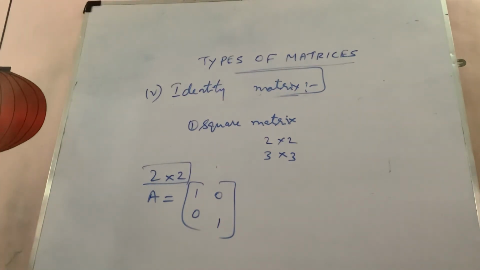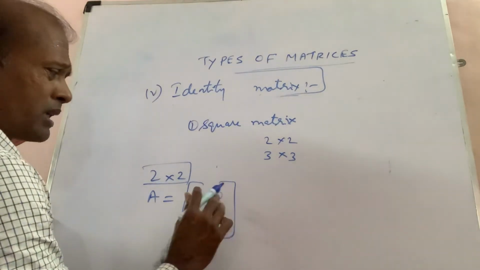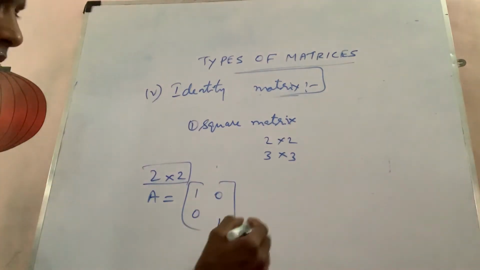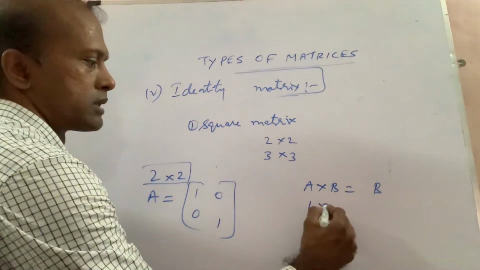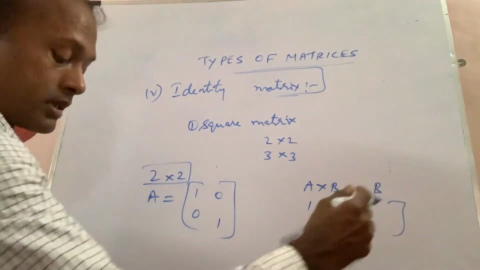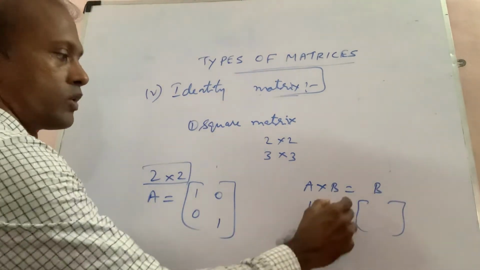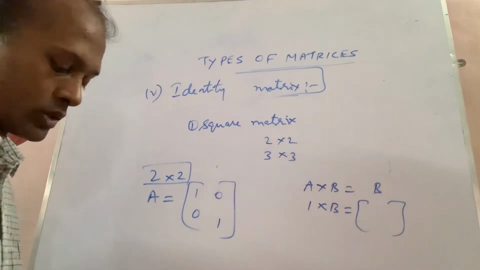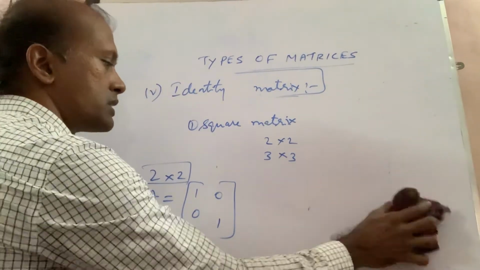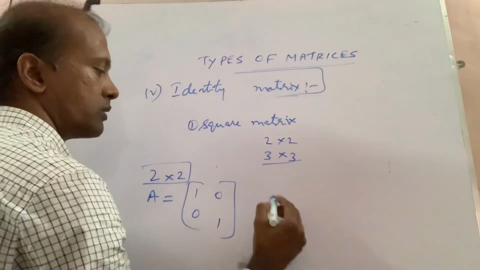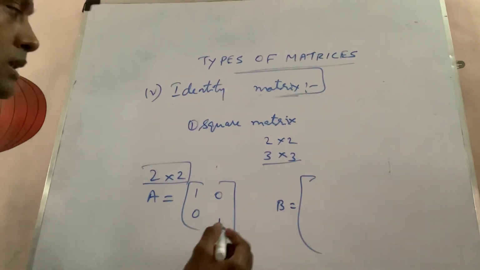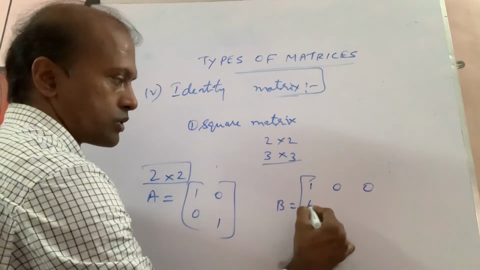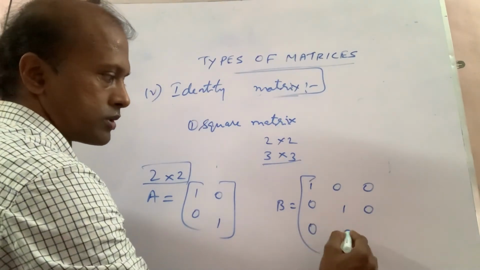Okay. Why do you call it an identity matrix? Because if you multiply this with B, you will be getting 1 into B. You will be getting the same thing. Probably we'll look into this later. Whatever the elements of B will be, you will have that. Let's take another example for 3 by 3. Okay. So how it should be? Let's take, for example, 1, 0, 0, 0, 1, 0, 0, 0, and 1.